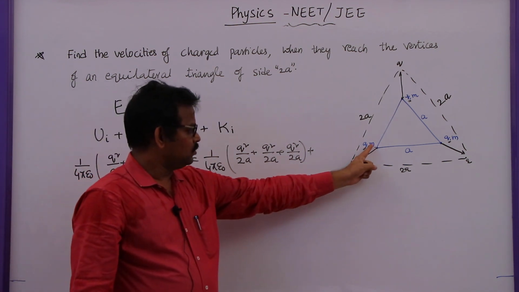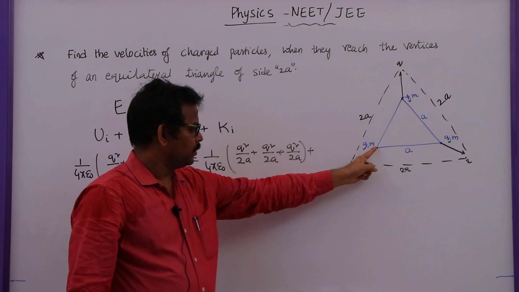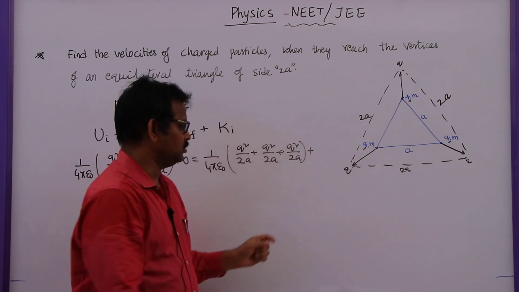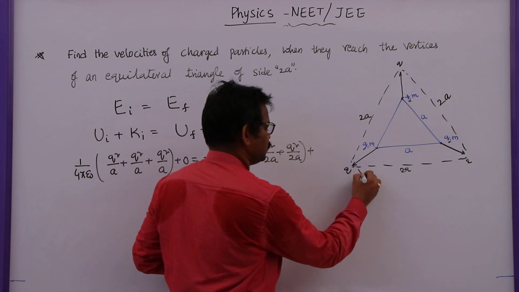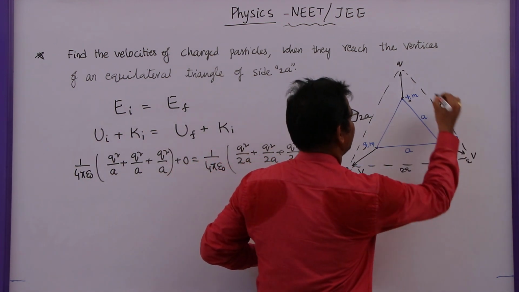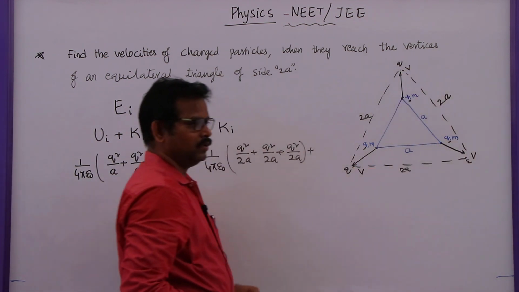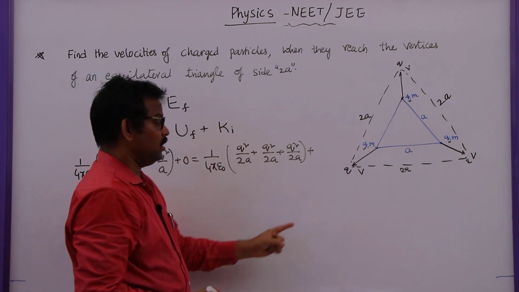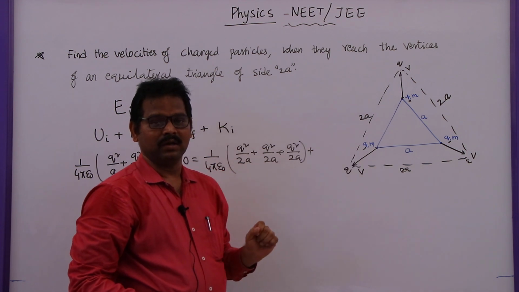Let the mass of each charged particle be m. When it is at rest, velocity is 0. When it reaches the new position, let the velocity be v. For this particle also v, and for this charged particle also v. So what is the kinetic energy attained? Half m v square, and each and every particle gets that kinetic energy.